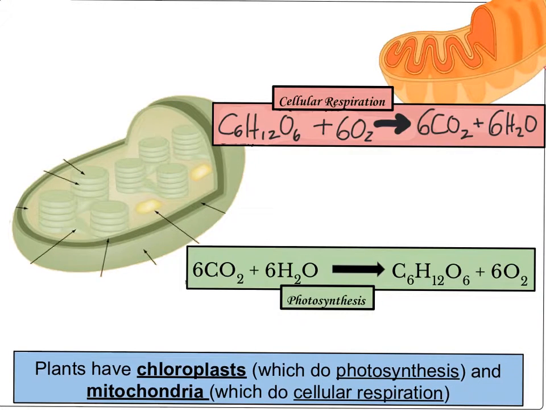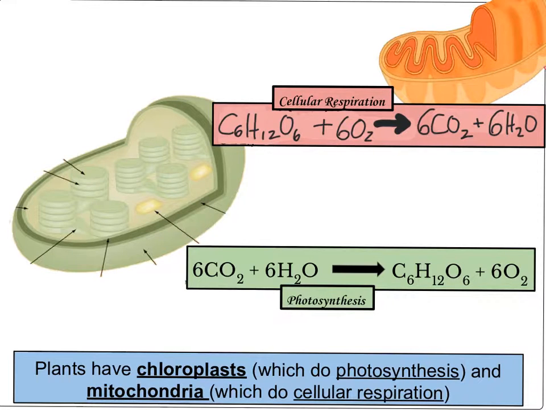And by just looking at the chemical equations for each of these, you can see cellular respiration, which is happening in the mitochondria, is glucose, C6H12O6, plus 6 molecules of oxygen, combine during cellular respiration to release energy and create 6 molecules of carbon dioxide and 6 molecules of water.